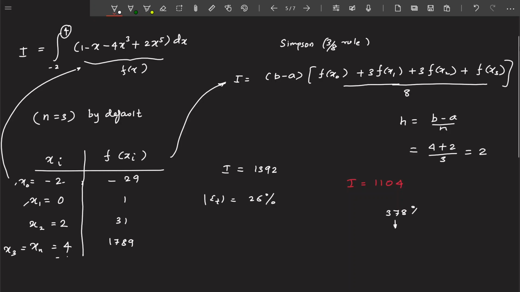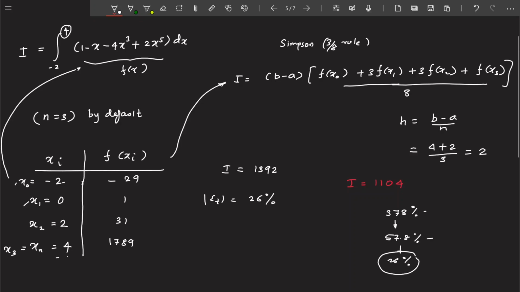Then for single application, Simpson 1/3 rule, it was 57.8 something, and now for single application for Simpson 3/8 rule it is 26%. So as I told you, Simpson 3/8 rule is more accurate than 1/3 and trapezoidal rule.